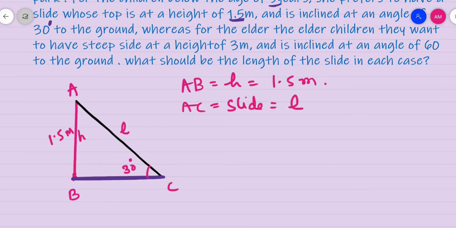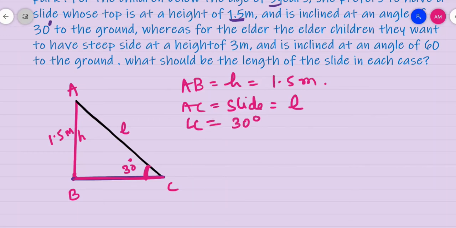Let it be L. Now angle C: AC, the slide, is making an angle of 30 degrees with the ground, and the ground is the horizontal. Every time when you are given angles, it would be either with the horizontal or with the vertical. So this is horizontal, 30 degrees. So angle C is equal to 30 degrees.